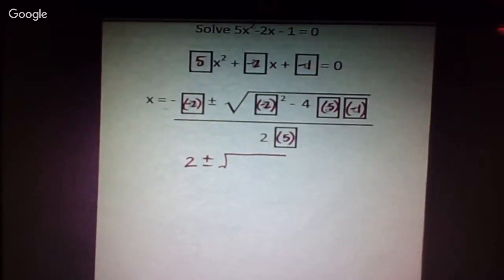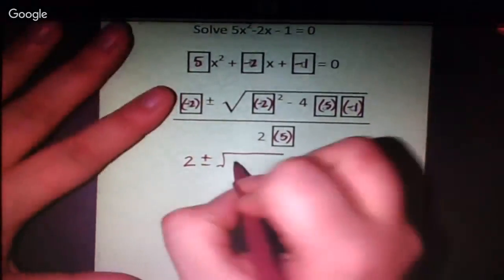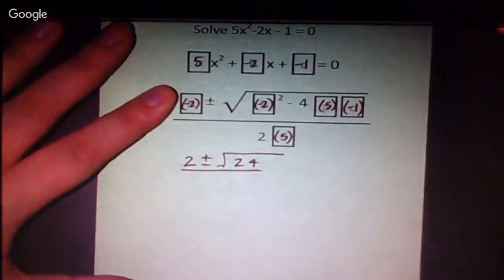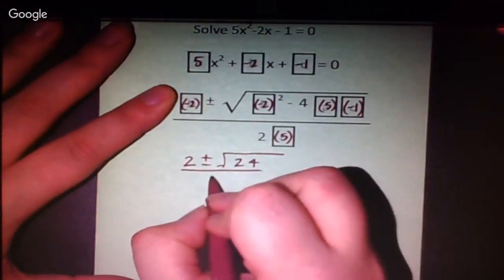Get me a value that goes underneath that square root. Should be 24. And this time we're dividing by 10.